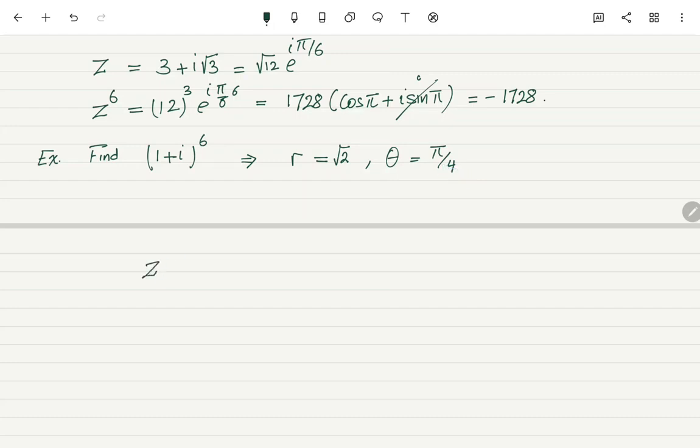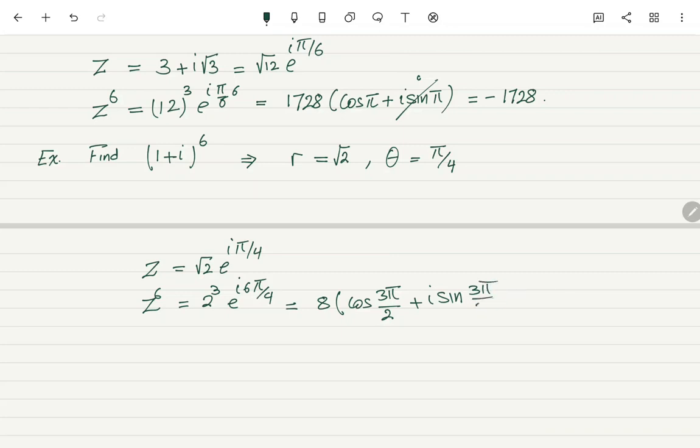Therefore, z equals square root of 2 e to the i pi over 4, and z to the power 6 equals 2 to the power 3 e to the i 6 pi over 4, which equals 8 (cosine 3 pi over 2 plus i sine 3 pi over 2), or simply equals minus 8i.